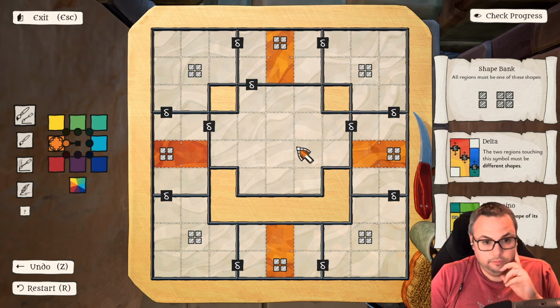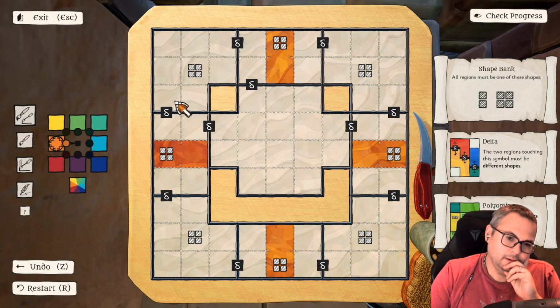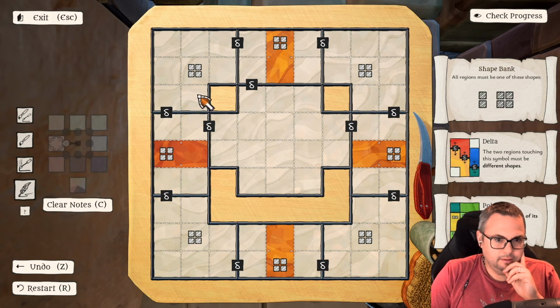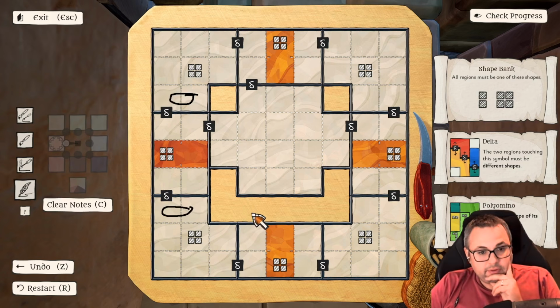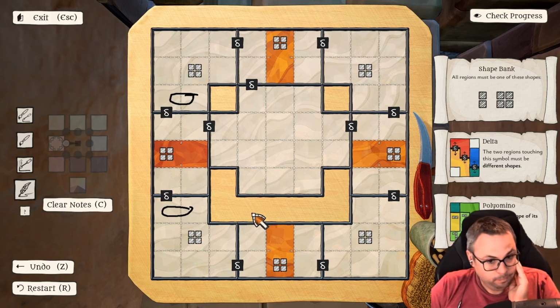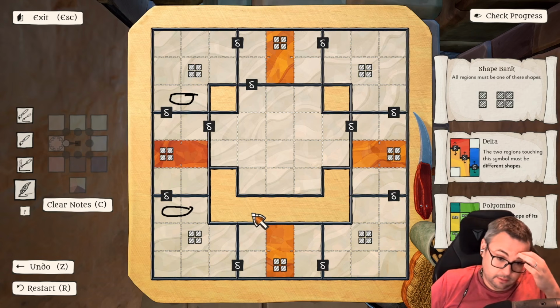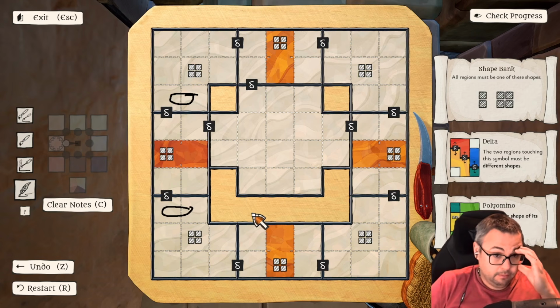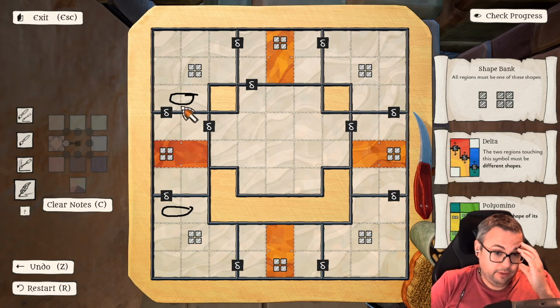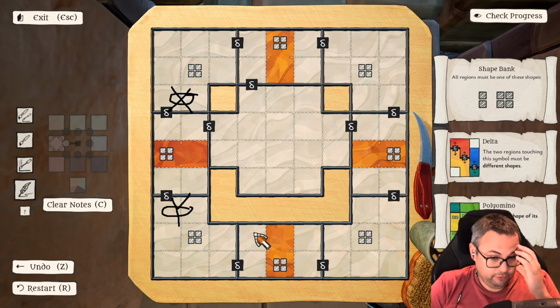So certainly one of these is a domino and one of these is a square. Okay, I'm going to mark one with X and one with Y, because I don't know which is which.